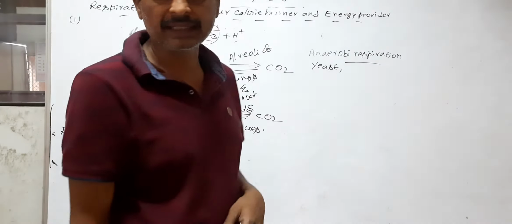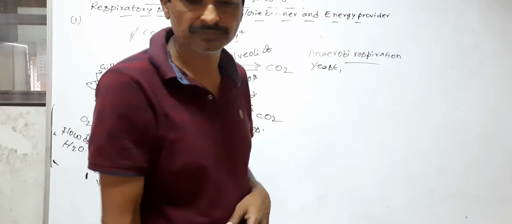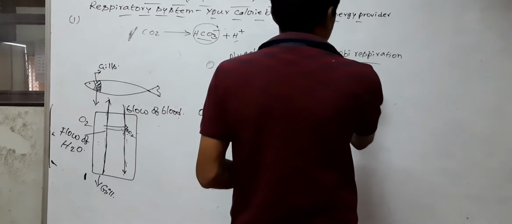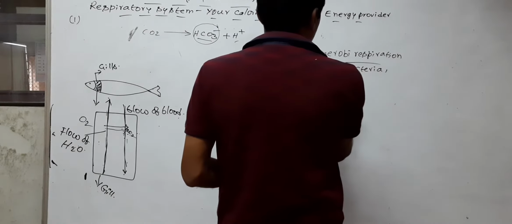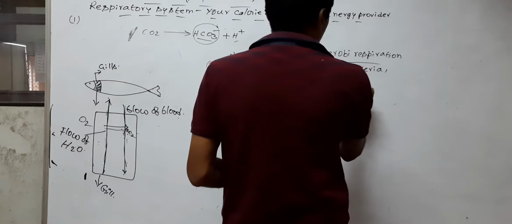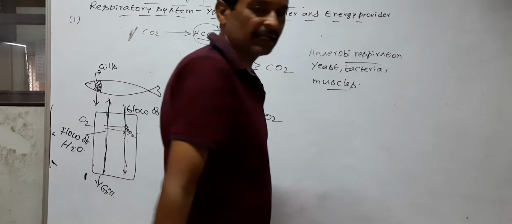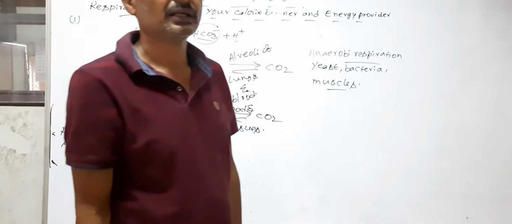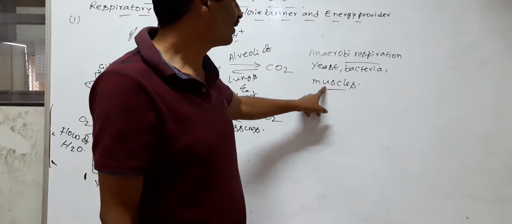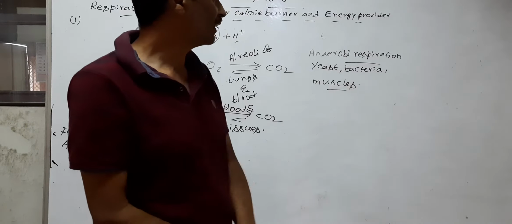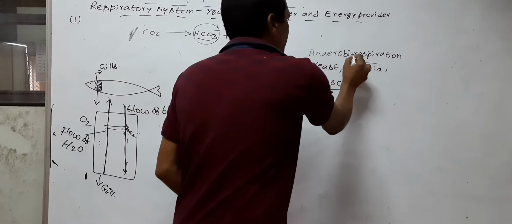yeast, bacteria and mussels under certain conditions. When oxygen is not supplied to mussels, the mussels respire through anaerobic respiration.